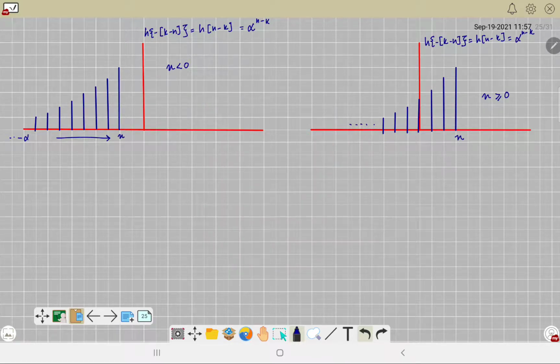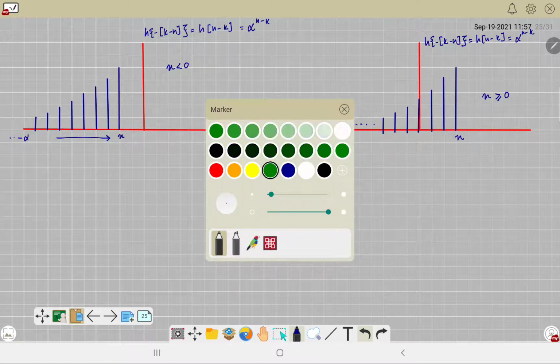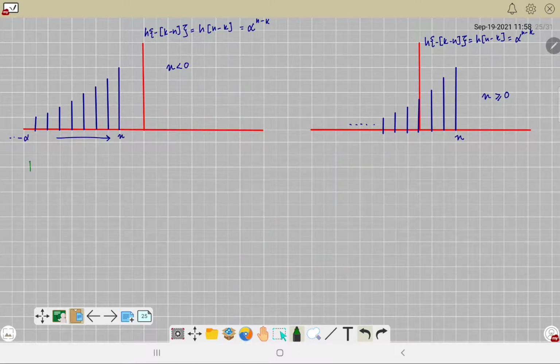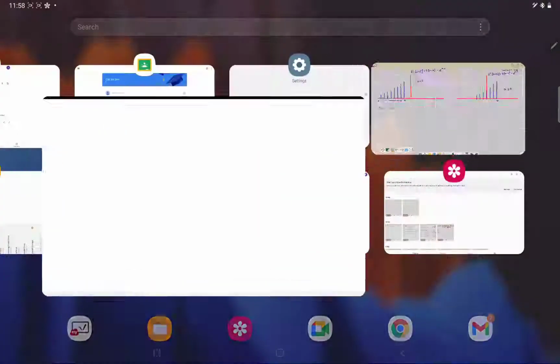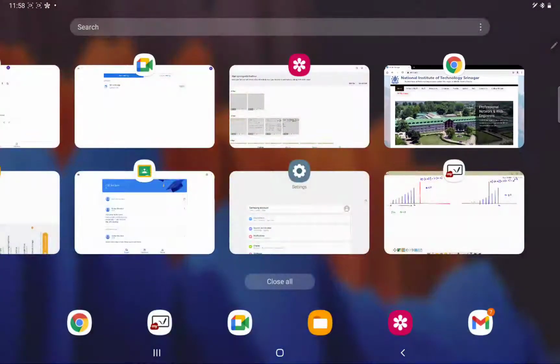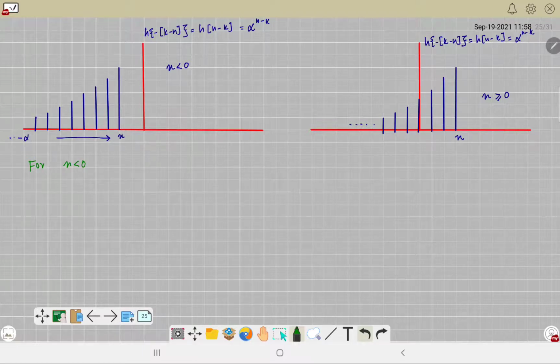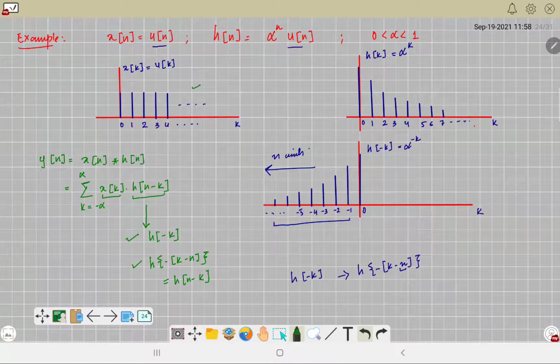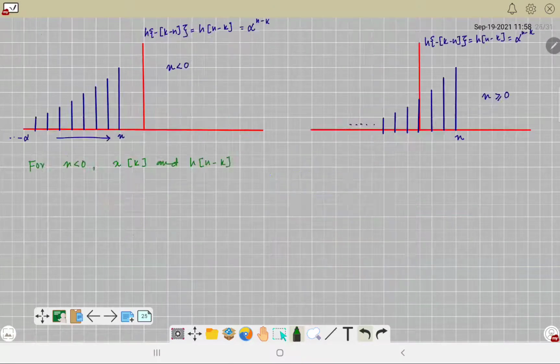So let me just write it down here, that for n less than 0, if you compare x of k and h of n minus k, now x of k is this, it's only defined for positive values of my time axis, that is k.